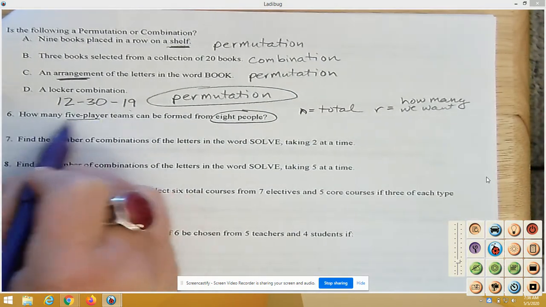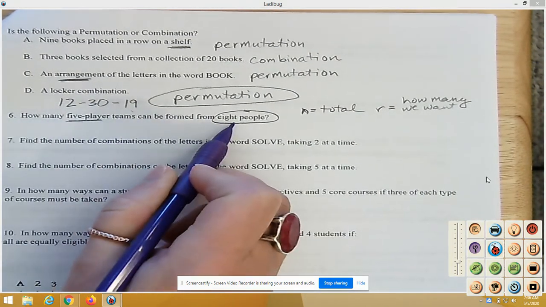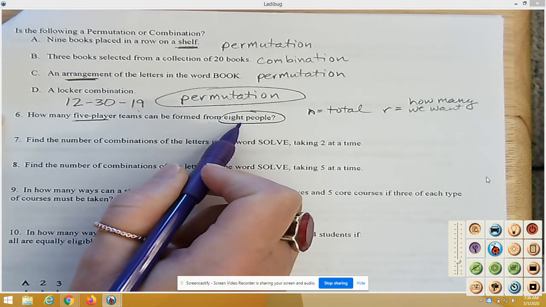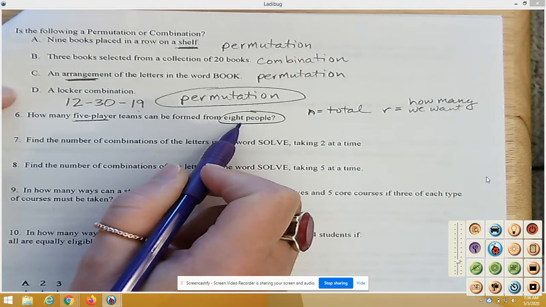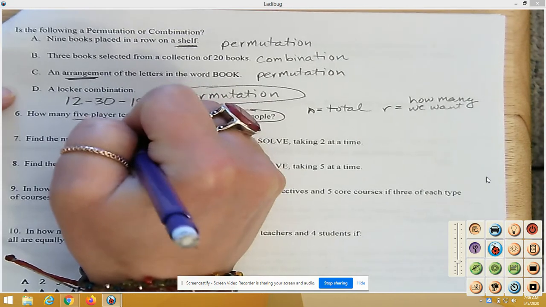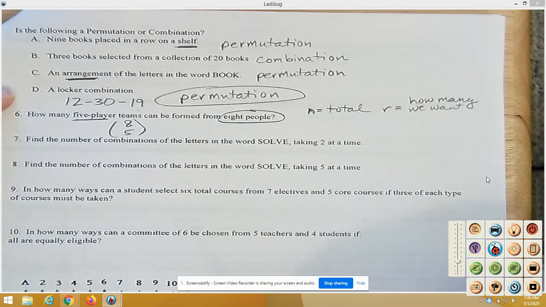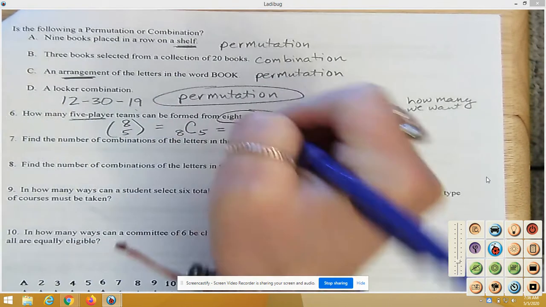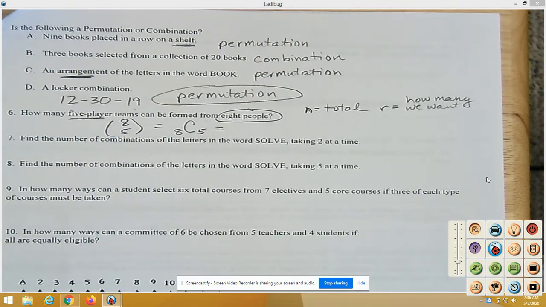How many 5-player teams can be formed from 8 people? And then always ask yourself, is there a particular order that is happening here? And in this case, there isn't. So you can do 8 choose 5. You could also write it as 8C5. So these are synonymous.